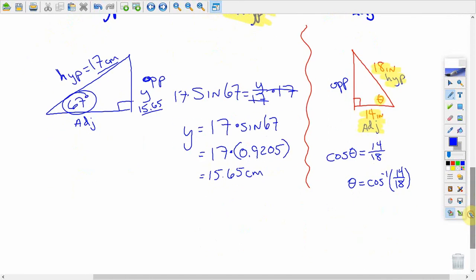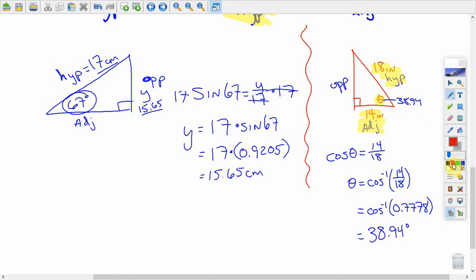So let's quickly solve that. 14 divided by 18 is 0.7 repeating, so we want the inverse cosine of 0.7778. We'll go out to 4 decimal places, which is going to give us 38.94 degrees.